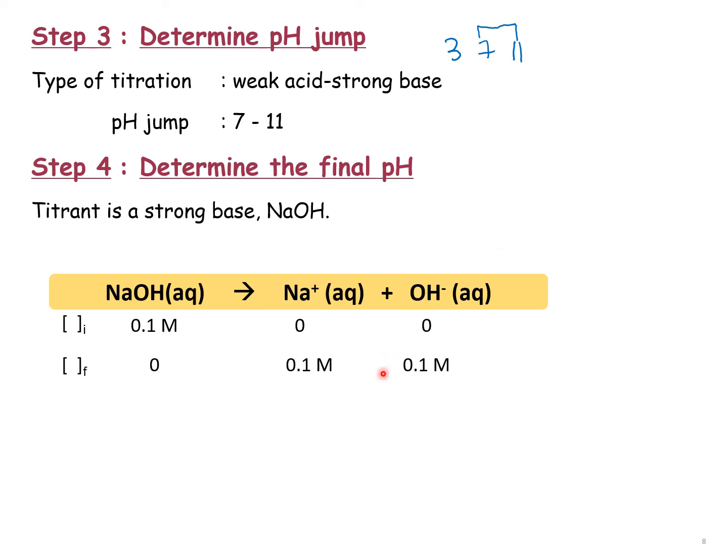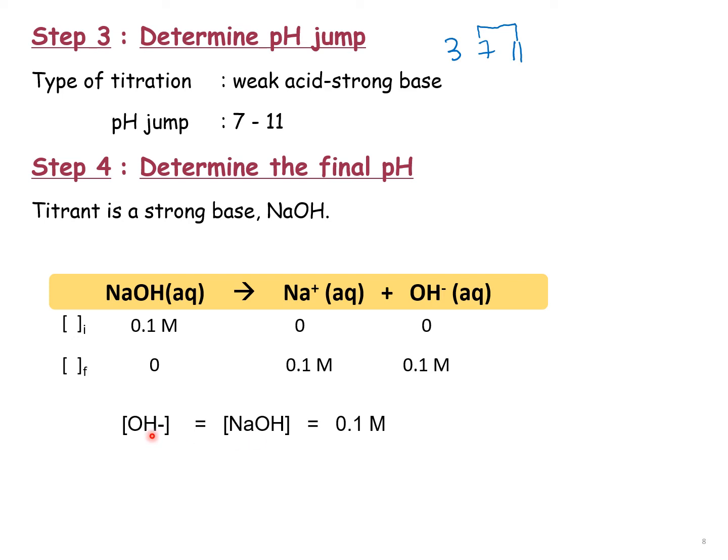Okay, clearly when we dissociate our base, kita dapat concentration of OH minus. So once nampak je concentration of OH minus, oh maksudnya pH tak boleh kira guna negative log H3O+, sebab tak ada H3O+ or H+. Ada OH minus. So find pOH first.